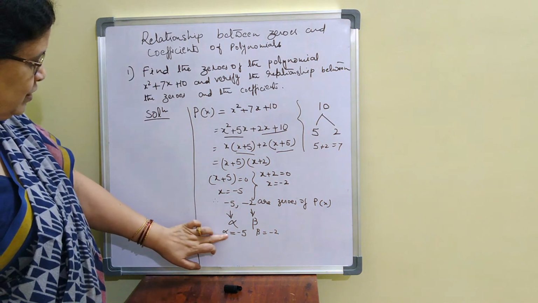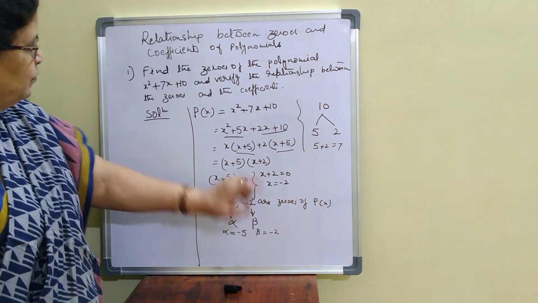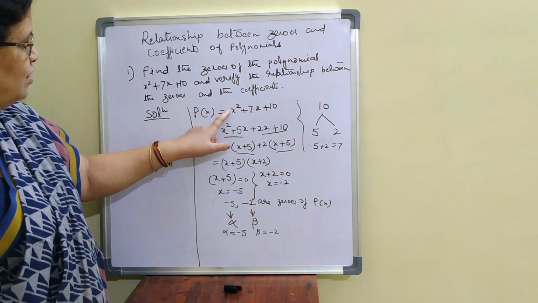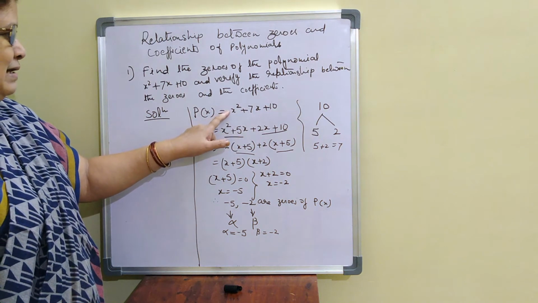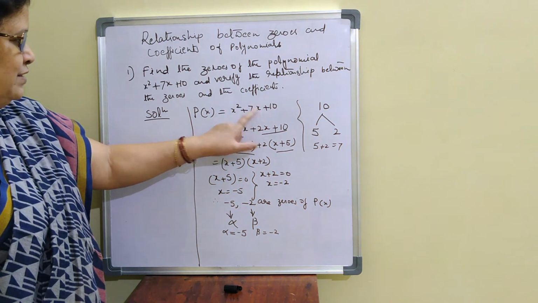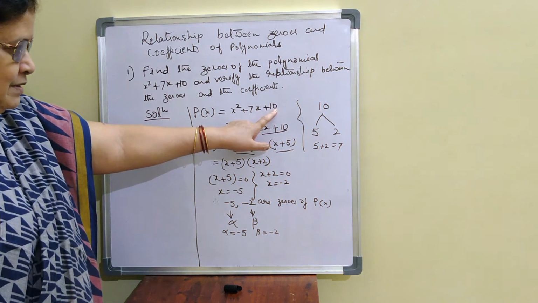Now we are going to study what is the relationship between these zeros and the coefficients of the polynomial. Here the coefficient of x square is 1, the coefficient of x is 7, the constant term is 10.